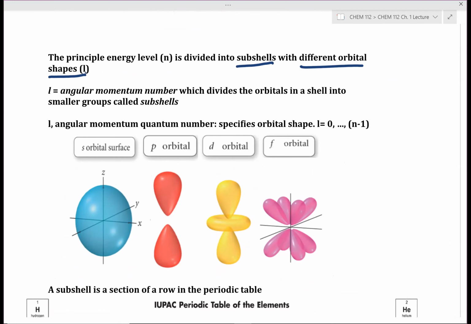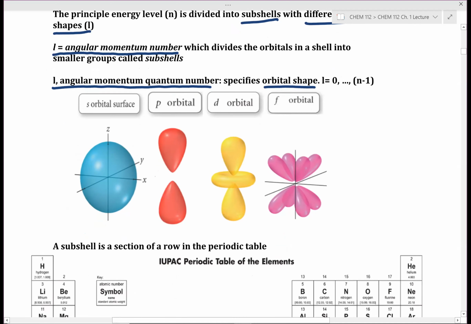Now, what does L represent? L is the angular momentum quantum number. As we can see, as L changes, what happens to the orbitals? What changes about them? Their shape, exactly. L, the angular momentum quantum number, specifies orbital shape. So our S, P, D, and F orbitals all have different L values. We'll talk about this in detail in a moment.